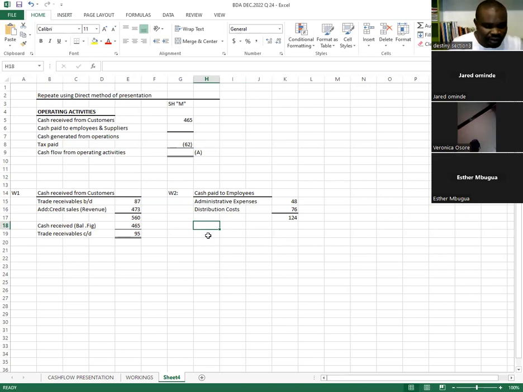Then there were some expenses which were classified, they were taken as part of administrative or distribution, but they are not involving actual cash outflow. So you need to subtract them. So you come here and say less. Check for me first of all, note number one.